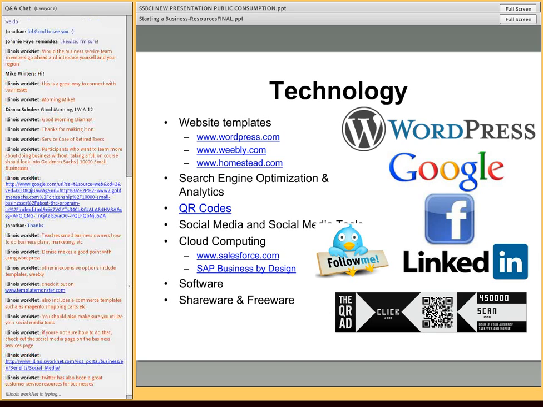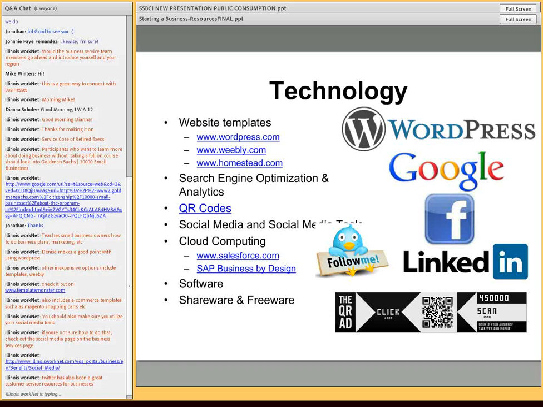It's a great way to integrate your communications, track your clients, and keep track of all of your customer information. It's really easy to use and very inexpensive. And then you also have SAP by Design.